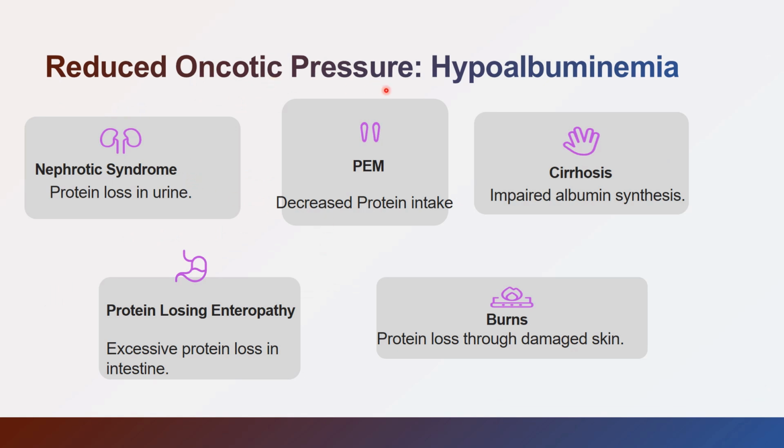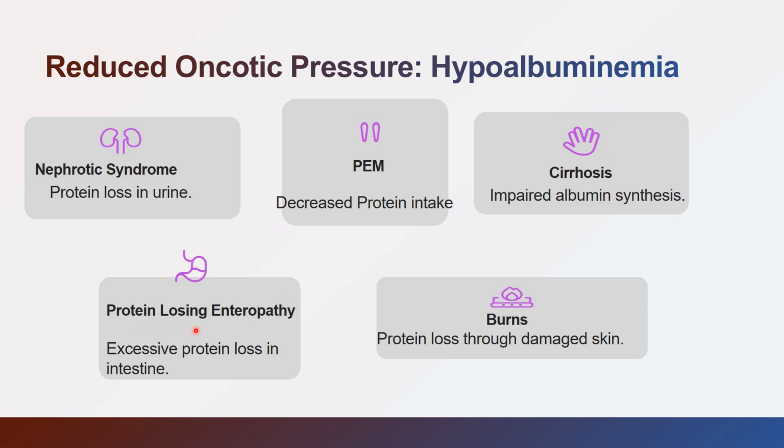Reduced oncotic pressure is occurring due to hypoalbuminemia, and the conditions leading to hypoalbuminemia can be renal cause, that is in the nephrotic syndrome due to protein loss, and nutrition cause, protein energy malnutrition, that is due to decreased intake, and the liver cause, in case of cirrhosis, impaired synthesis of the albumin, so there is hypoalbuminemia.